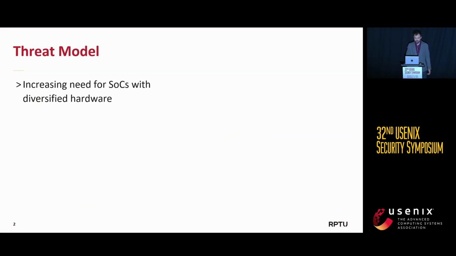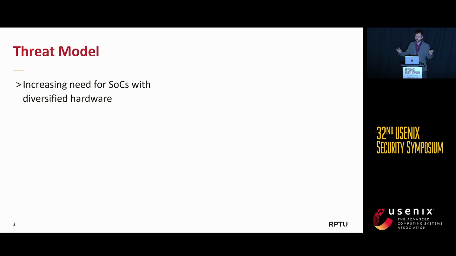We are witnessing an ever-increasing need for SoCs with diversified hardware. Based on the purpose of the SoC, the system integrators will insert various specific hardware components: crypto engines, neural network accelerators, customized, optimized communication protocol implementations, etc. But more often than not, they will not design these components themselves, but will outsource them to other companies.